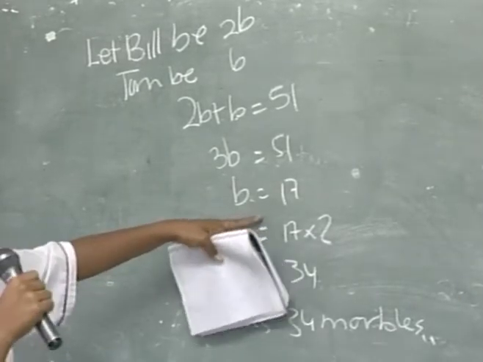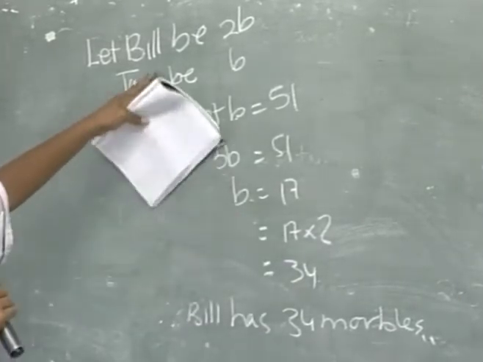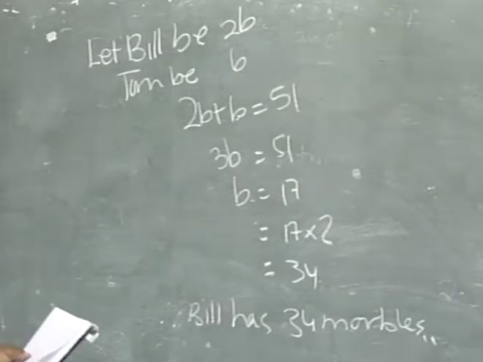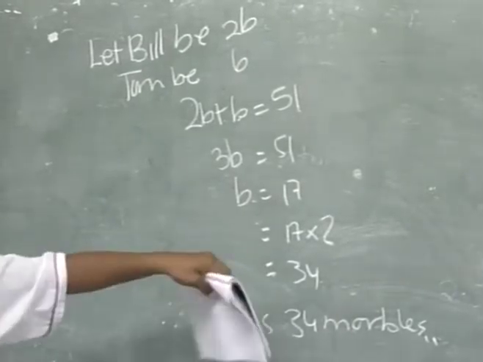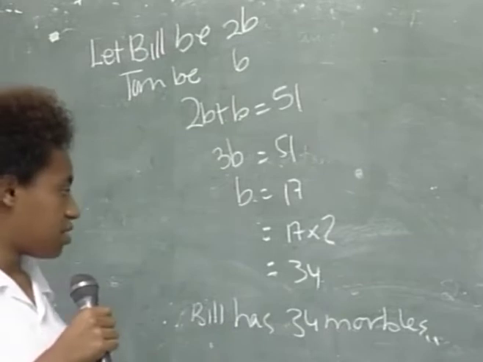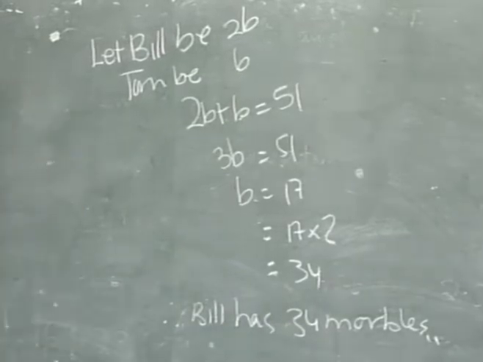But because we are looking for Bill's number of marbles, we times it by 2 to get 34. Therefore, Bill has 34 marbles. It's good. All right, well done, group 1.